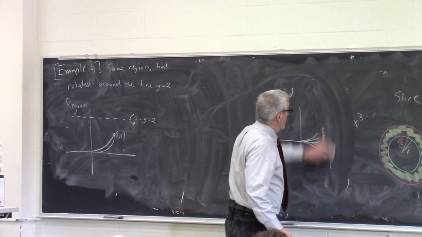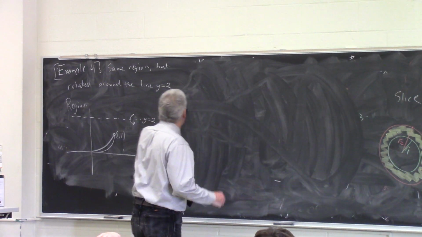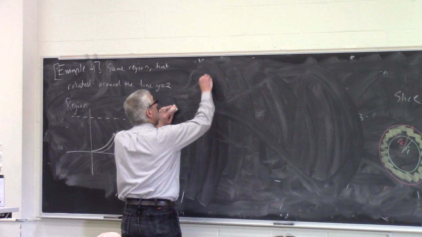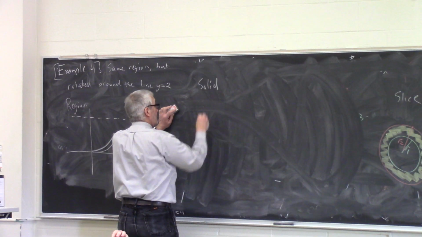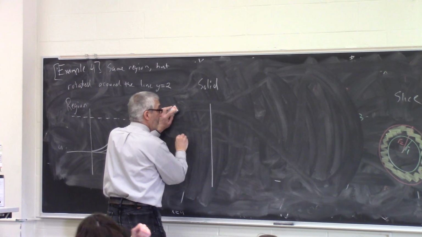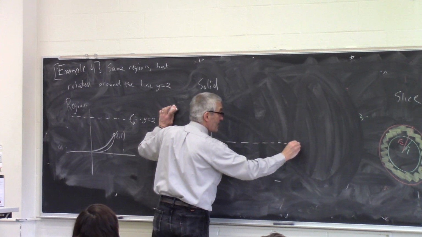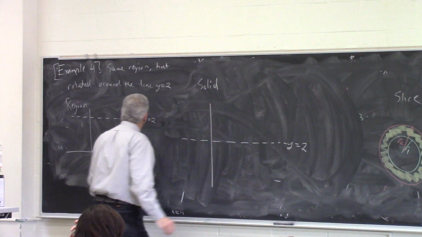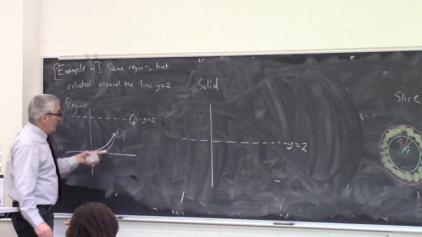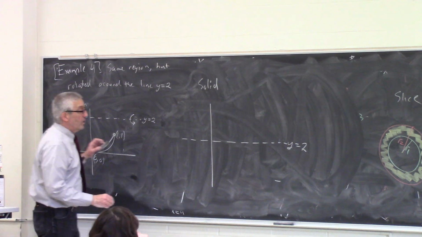We draw the solid. Here it gets a little tricky. I'm going to try to get by without drawing the x-axis. Here's y equals 2. And this region is below that. So it goes through 0, 0, and it goes through 1, 1.